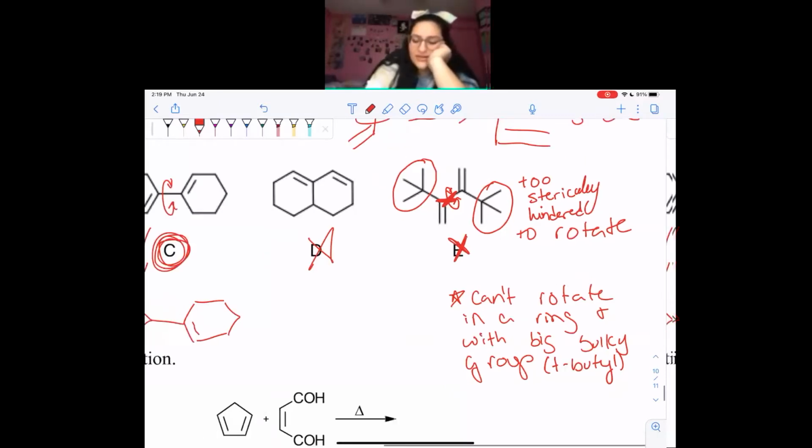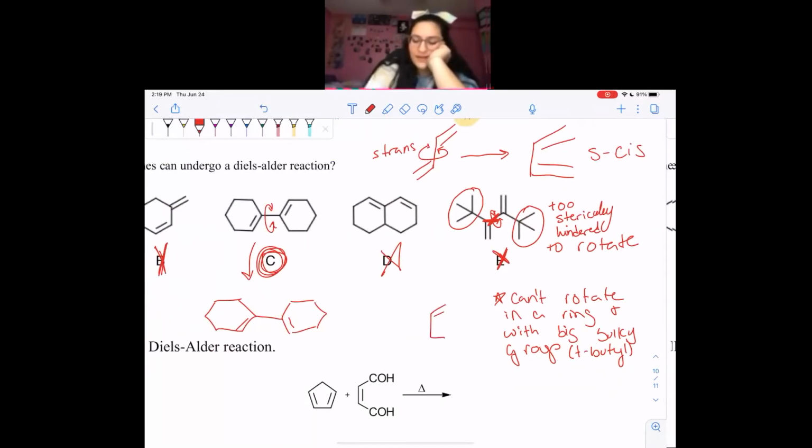If it was like this, could it undergo Diels-Alder? And then someone asked, so you can't always rotate single bonds? Yeah, exactly. So you can't rotate the single bond if it's in a ring or if it has a tert-butyl.